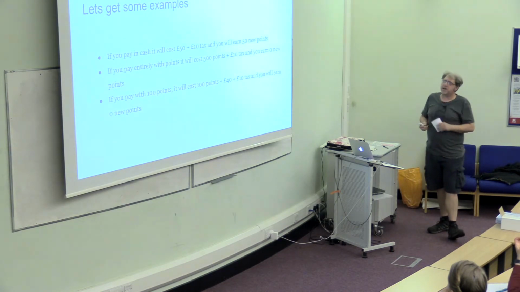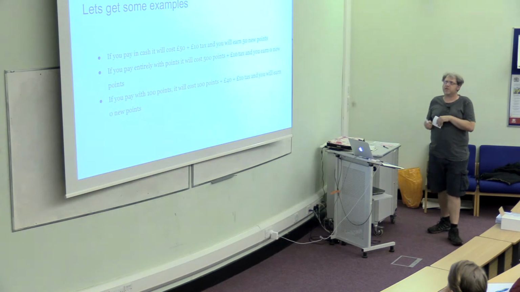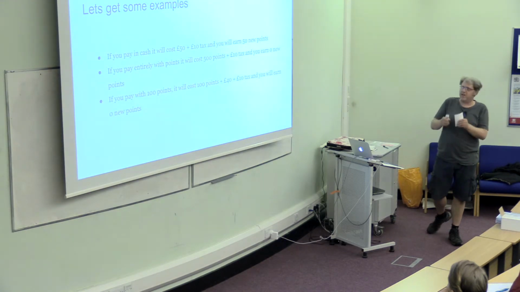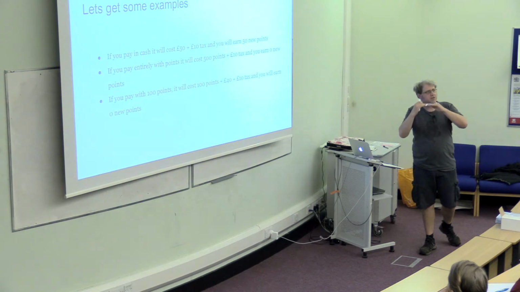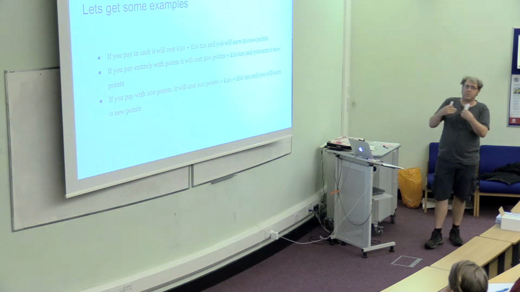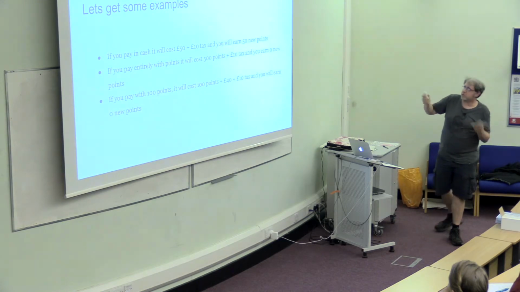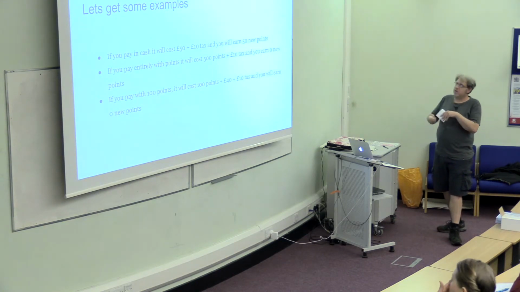So if you pay in cash, it will cost £50 plus £10 tax, and you will earn 50 new points. That's a concrete example. We've gone to the business and said, okay, if I, and so this is a definite, really, something we can measure against. If you pay entirely with points, it will cost 500 points plus £10 tax, 0 points.